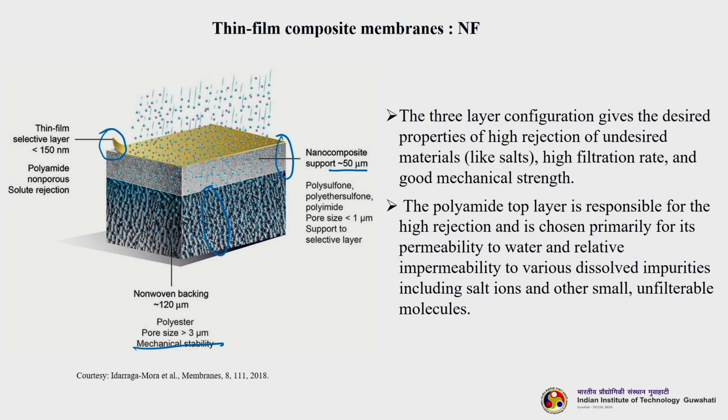The polyamide top layer is responsible for high rejection and is chosen primarily for its permeability to water and relative impermeability to various dissolved impurities, including salt ions and other small unfilterable molecules.